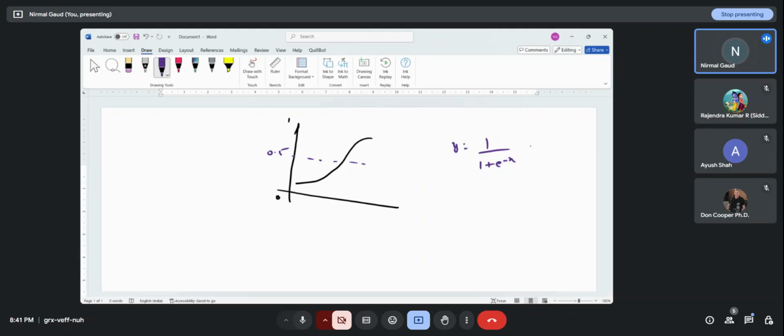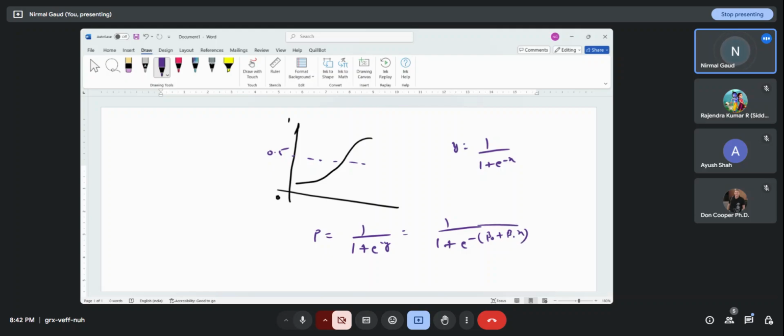So I think till here I've already taught you. Because if you are writing it like this, p is the probability. We can write p equal to 1 upon 1 plus e to the power minus y, that is 1 upon 1 plus e to the power minus (beta naught plus beta 1 x).